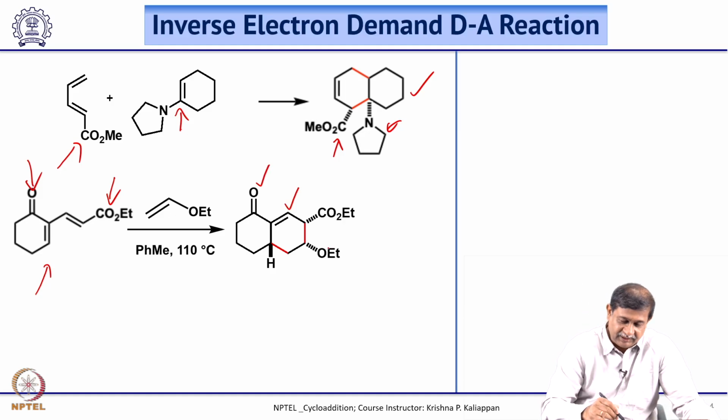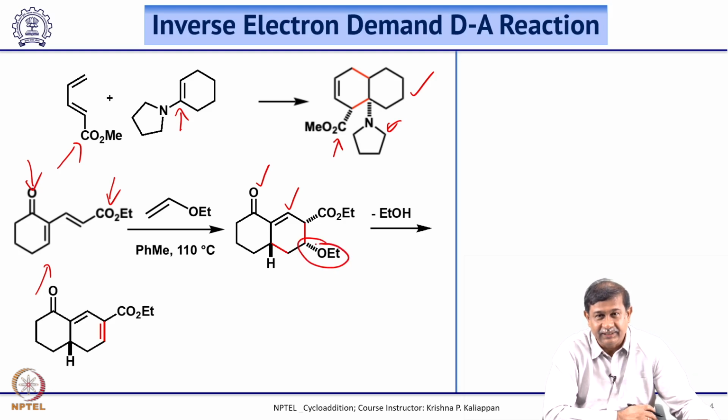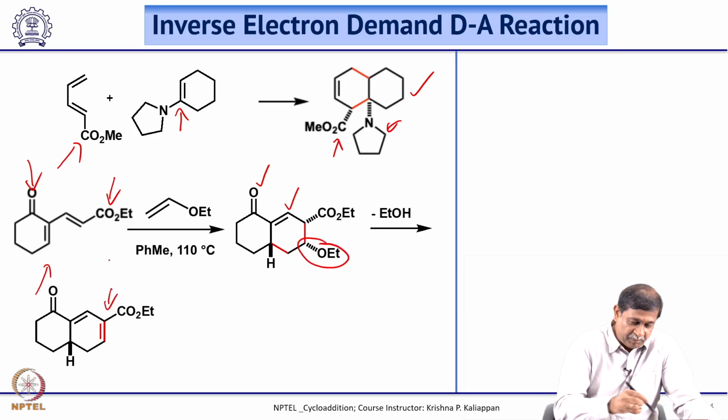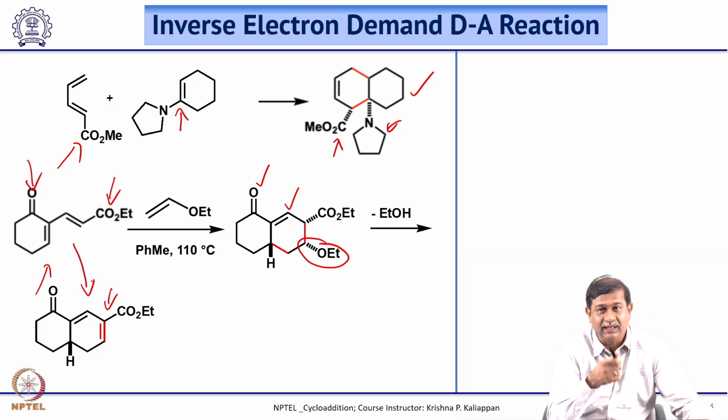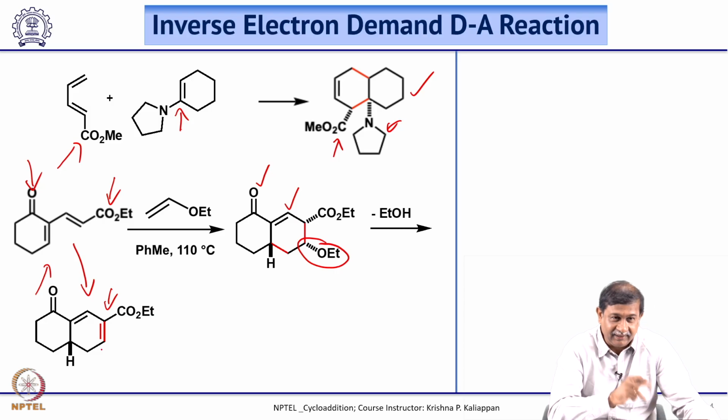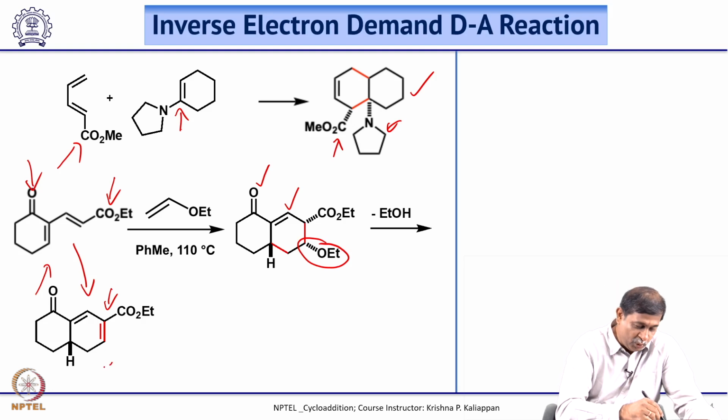But here, this ethoxy group can undergo elimination if you heat it further. That will generate another diene. So in the process, you started with one diene having 2 electron withdrawing groups attached, and you got another diene with 2 electron withdrawing groups, but the difference is it has one more ring.